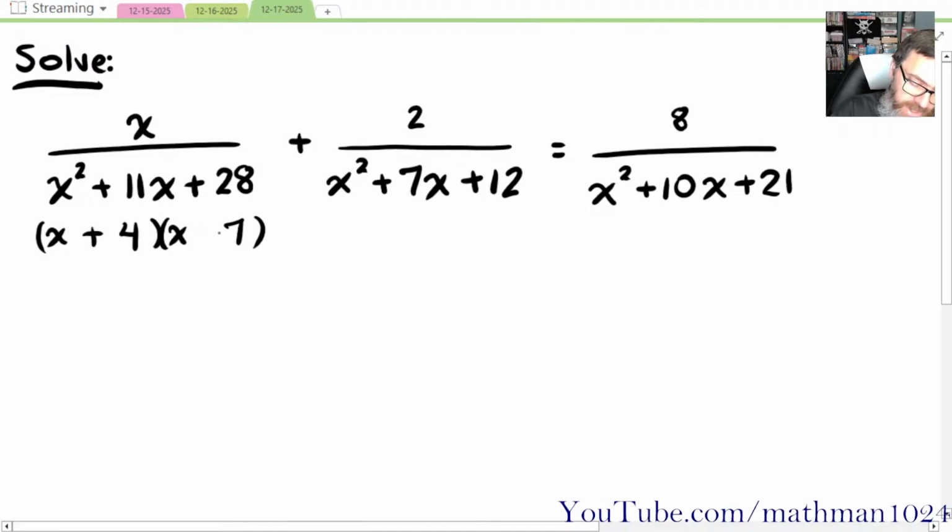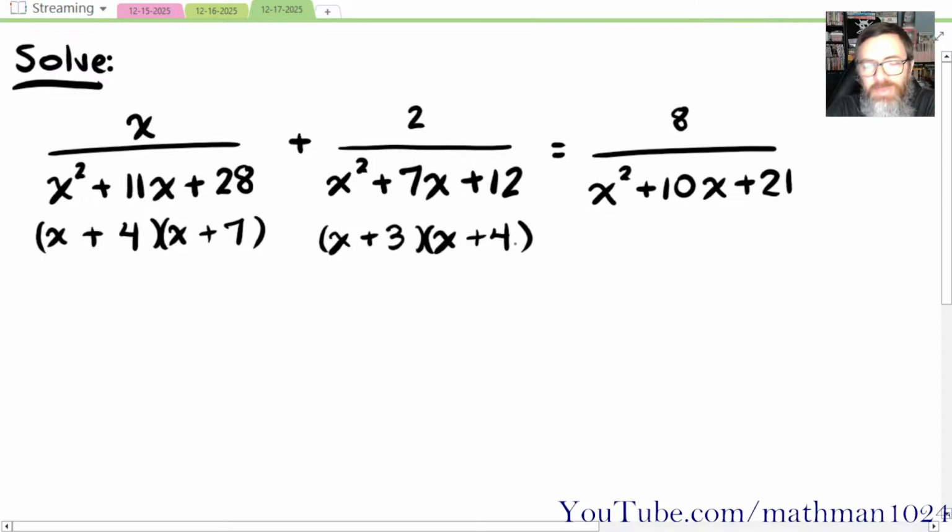Everybody here is positive. For the middle denominator, x squared is going to break down as x times x, and then factors of 12 that add to 7. So it's going to be plus 3 and plus 4. Now, at this point, you should already see some factors that are common.